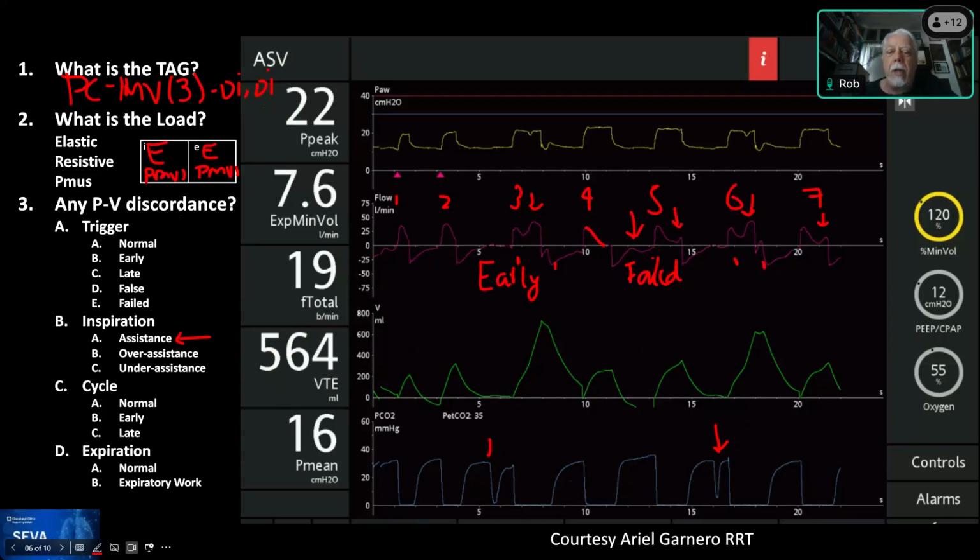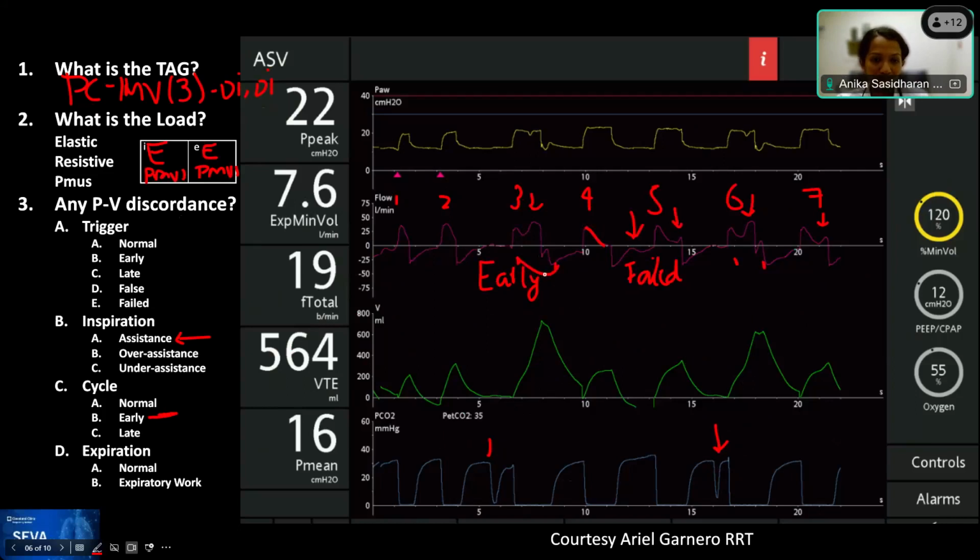Ariel says late cycle. Well, it wouldn't be late cycle because the effort extends beyond the cycle time, right? So it would be early cycle as a result of early trigger. Right. So if we look at the PMUS here, the PMUS extends till here, and the breath is being cycled off before the PMUS ends.